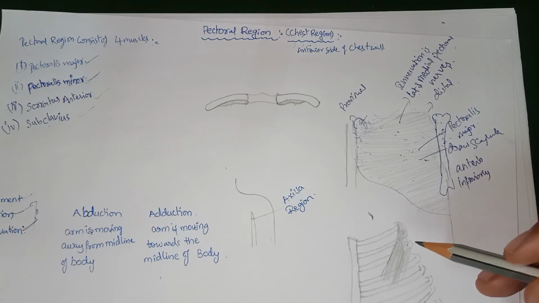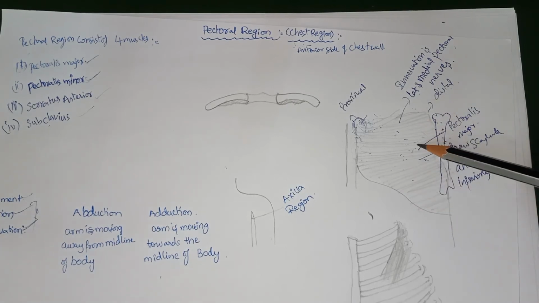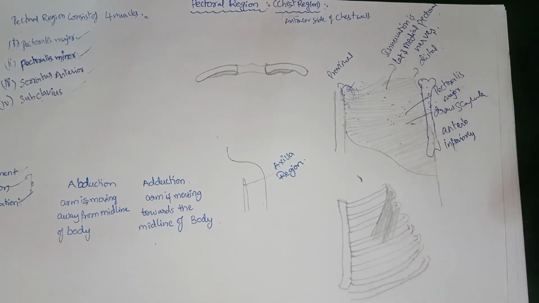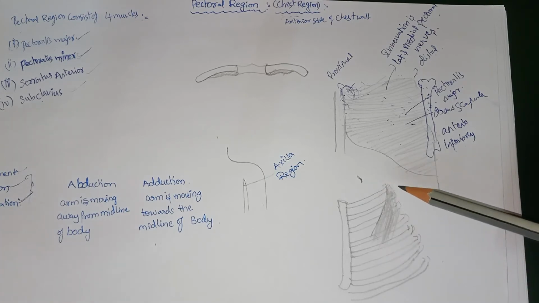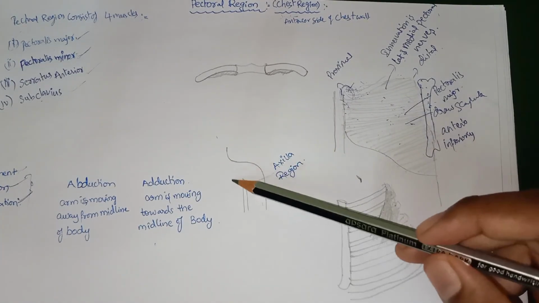So both of those muscles, both pectoralis major and pectoralis minor muscles, form part of the anterior wall of the axilla region. The axilla region is the armpit region.